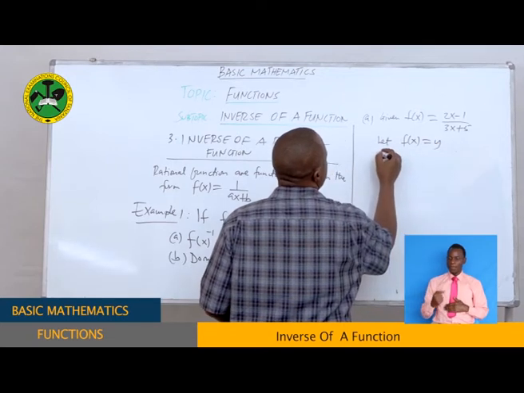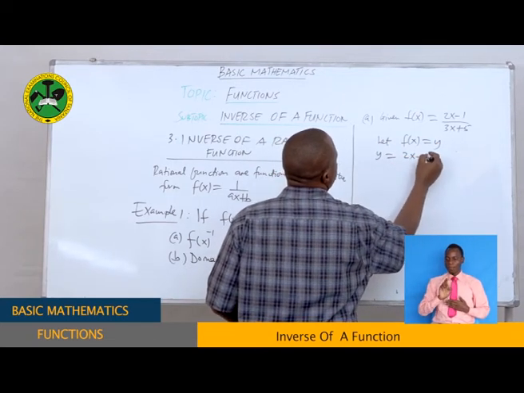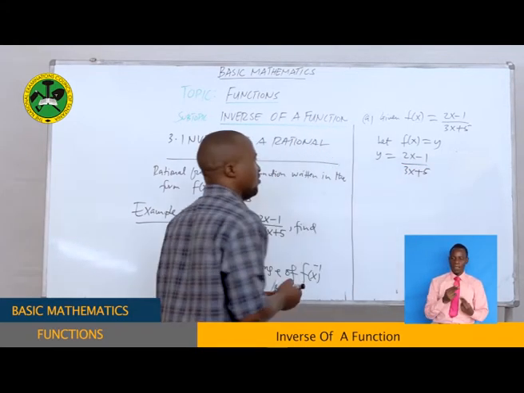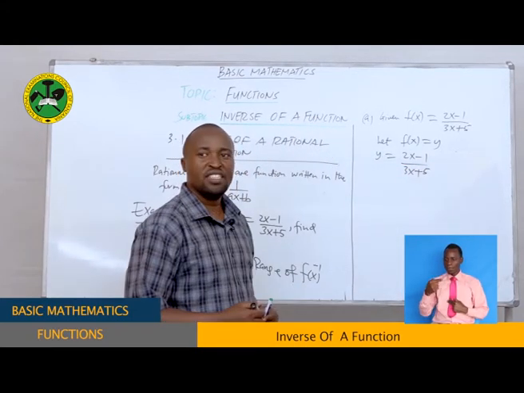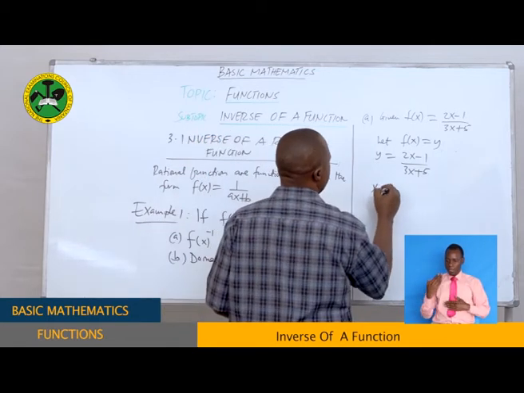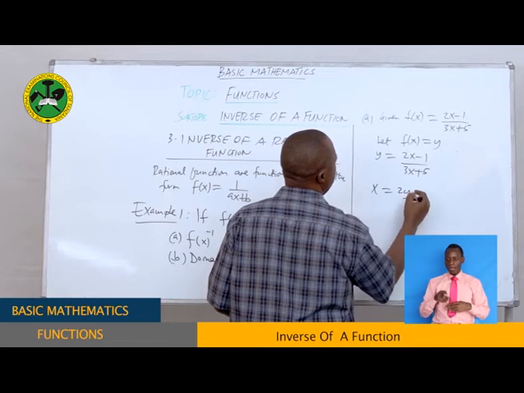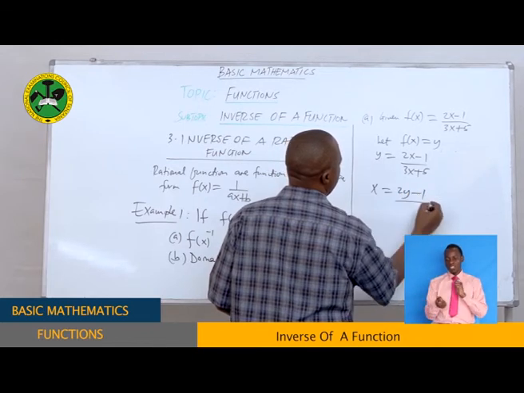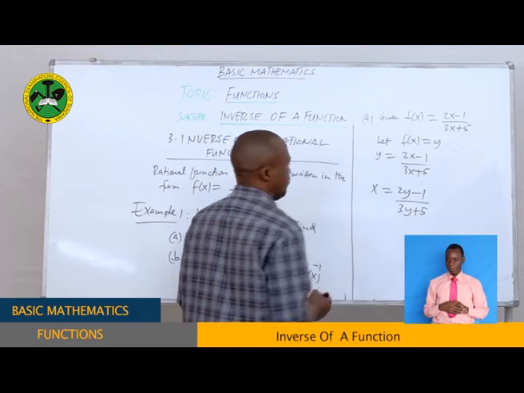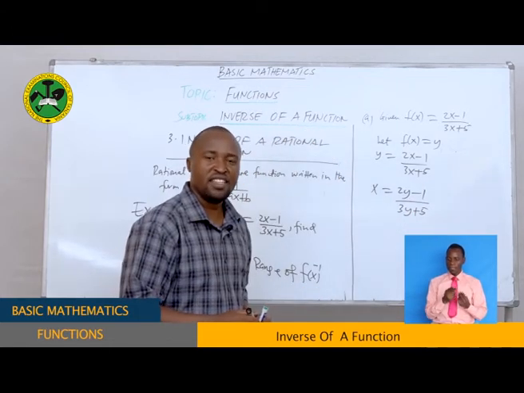In this case, y is equal to 2x minus 1 over 3x plus 5. In this case, we interchange variables. That is, x is equal to 2y minus 1 over 3y plus 5. Then we need to make y the subject.